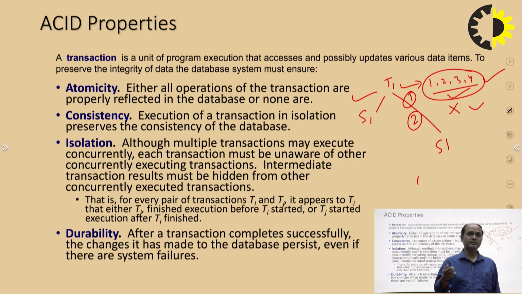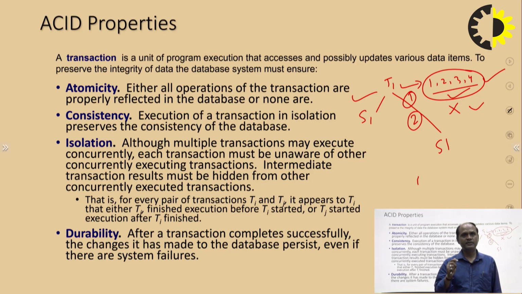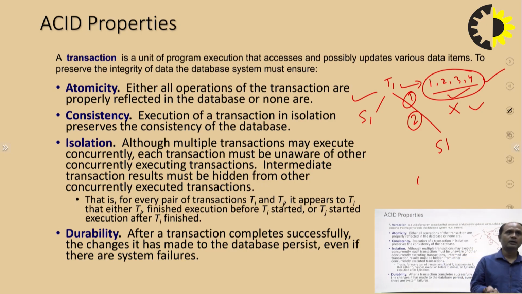We can change the value, but we cannot change the structure, the database state, or the particular timestamp. We can change only the data. This is called consistency. That means consistency is that execution of a transaction in isolation preserves the consistency of a database.